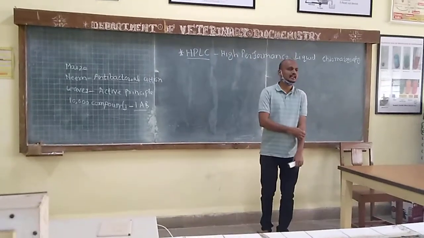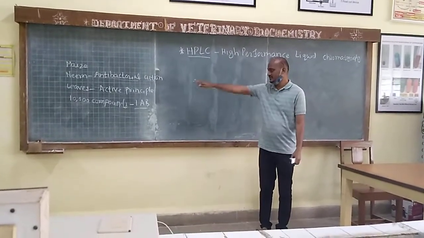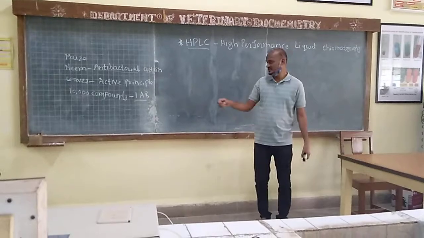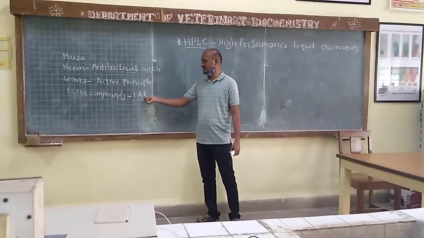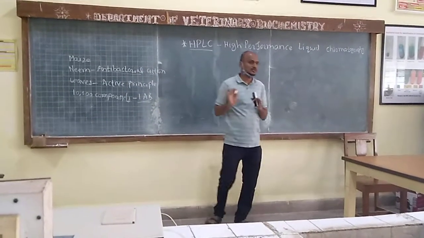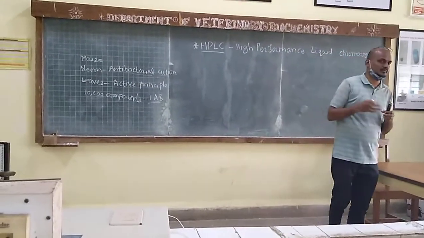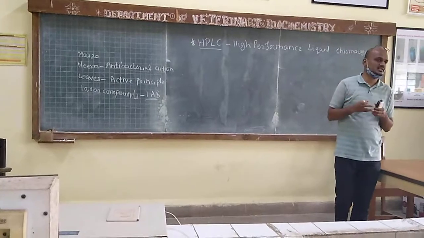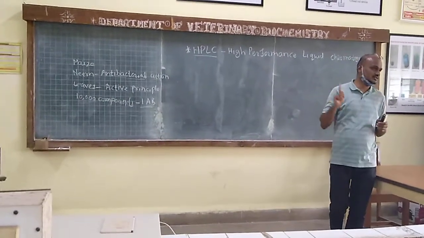We call it the active principle, because only this molecule gives the antibacterial property to the neem. Suppose so for now, right? It can be multiple molecules, like 4, 5, or 10 molecules, but we assume that it is only one molecule.